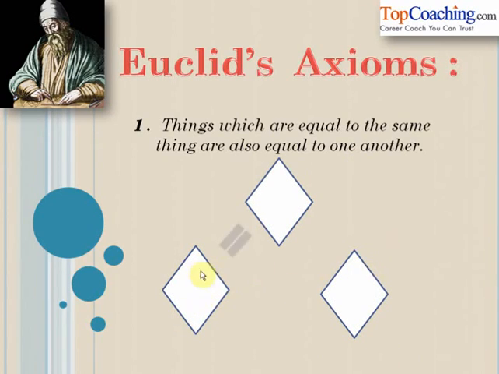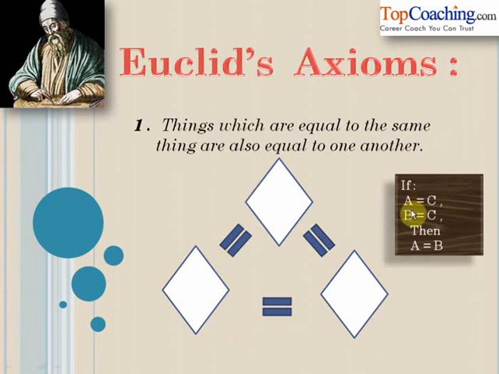Now if the first thing is equal to the second thing and also the third thing is equal to the second thing, then we can say that the first thing and the third thing are also equal to each other. So if the first thing is equal to the second thing and if the second thing is equal to the third thing, then ultimately the first thing is also equal to the third thing. And this is one of Euclid's axioms.